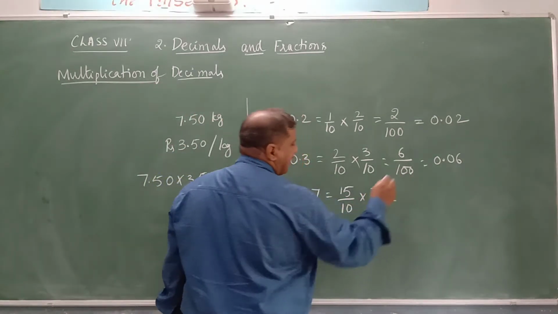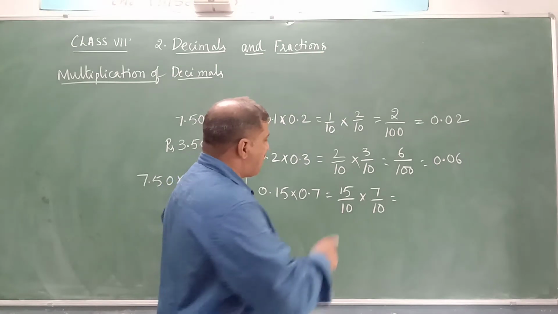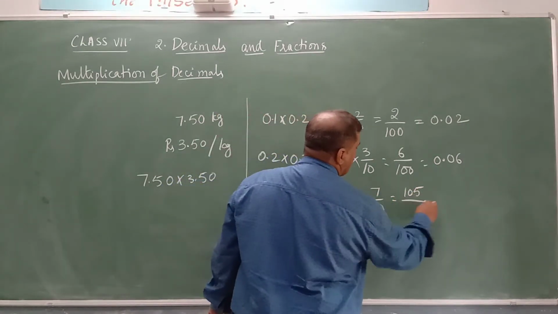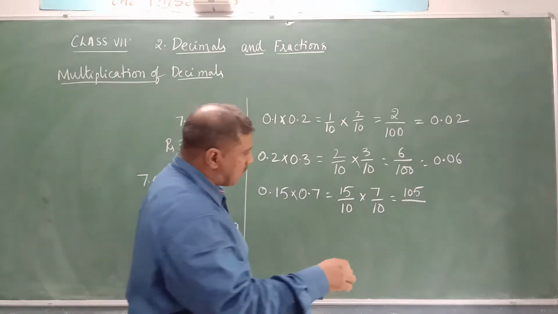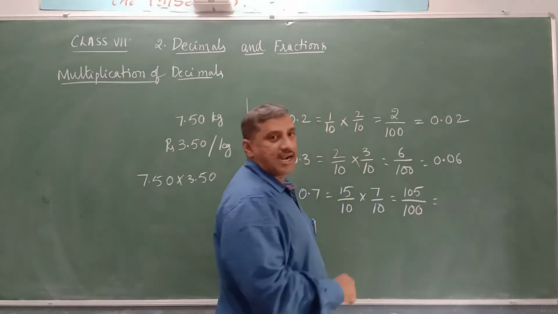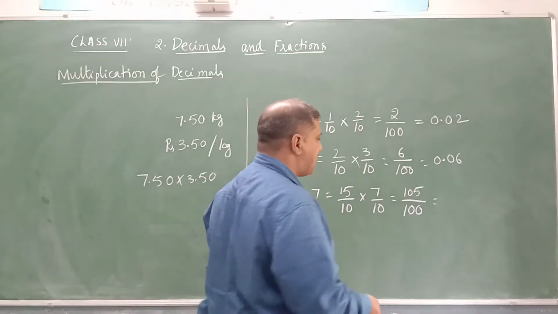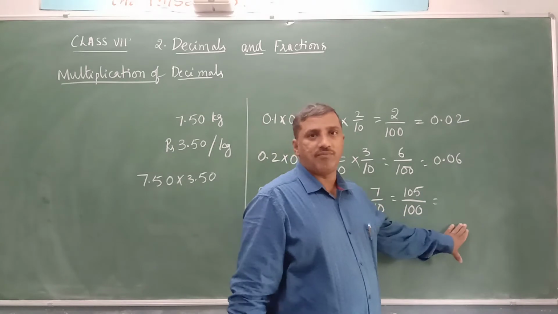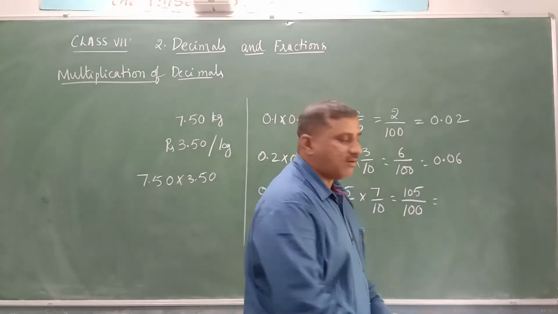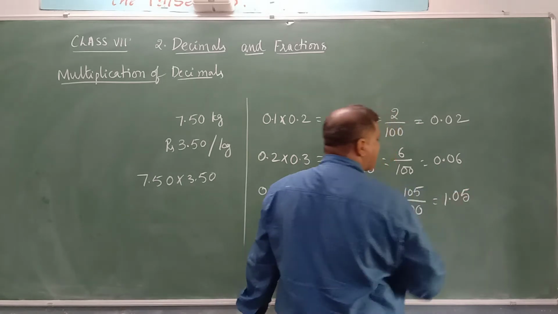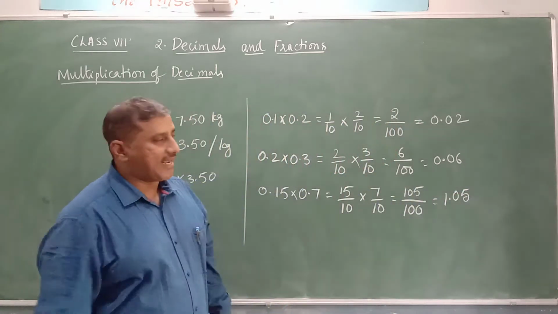Now multiply the numerators. 15 into 7, 15 sevens are 105, divided by 10 into 10 is 100. Now 105 divided by 100, we can express in the decimal form as 1.05.